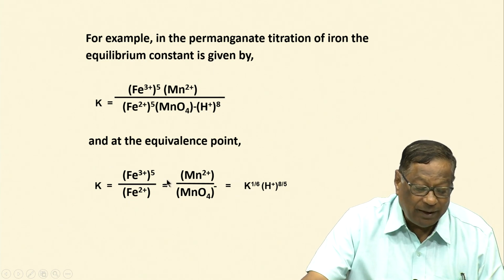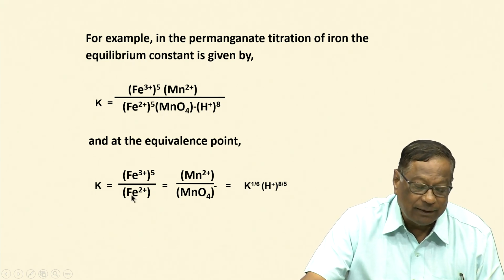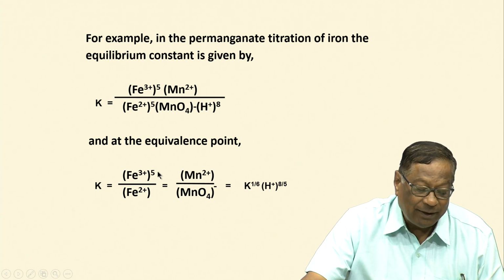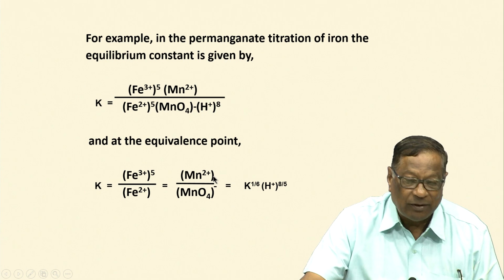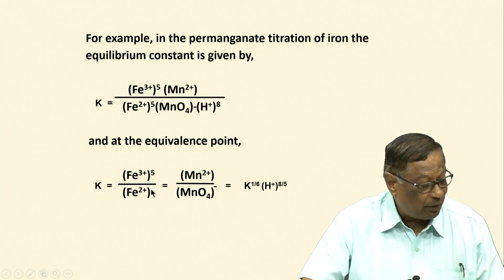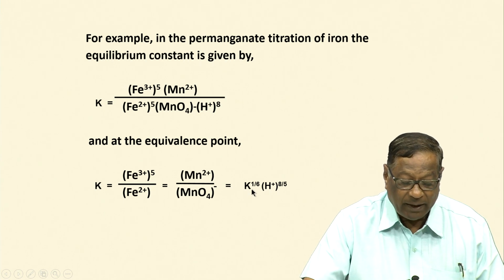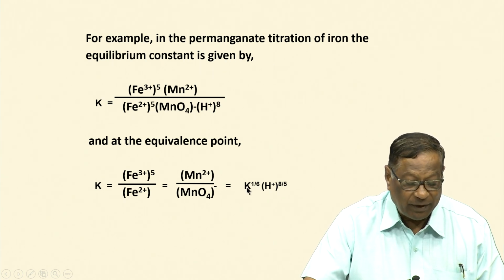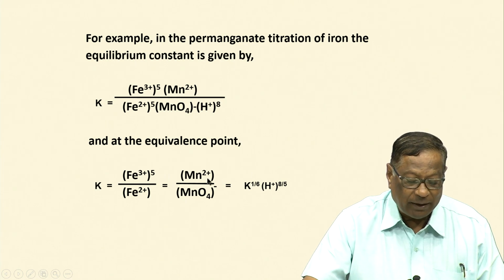So, at the equivalence point, what do I have here? Fe3+ raised to 5 divided by Fe2+ raised to 5 is equal to Mn2+ and MnO4-, here also it should have been 5, and K is equal to 1/6 of this, because 5 electrons here and 1 here.